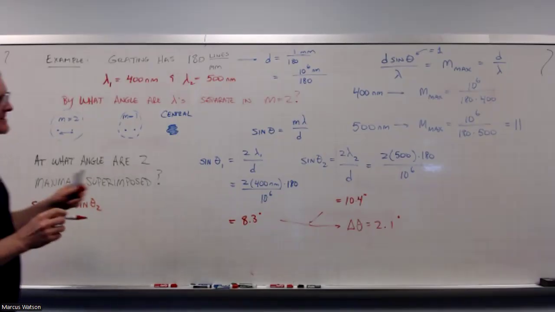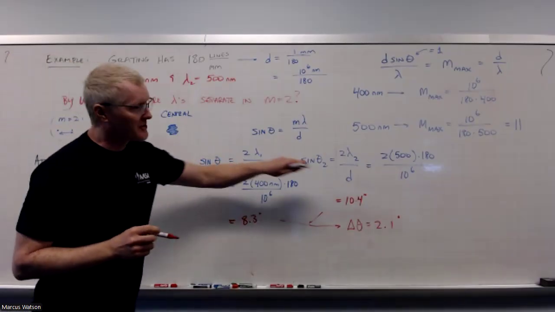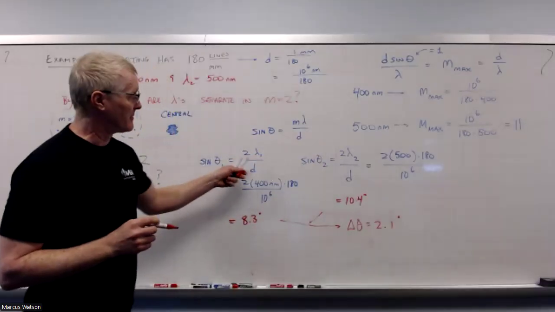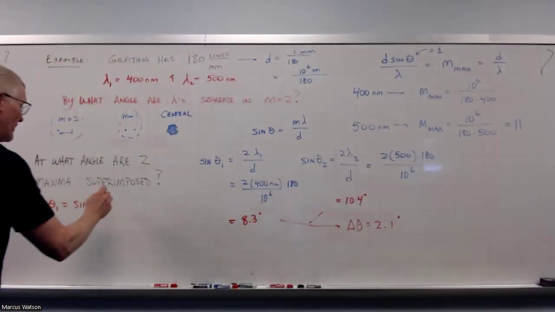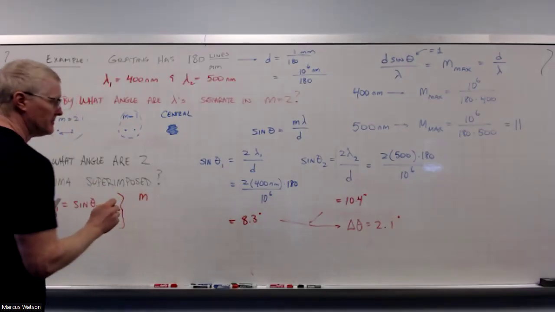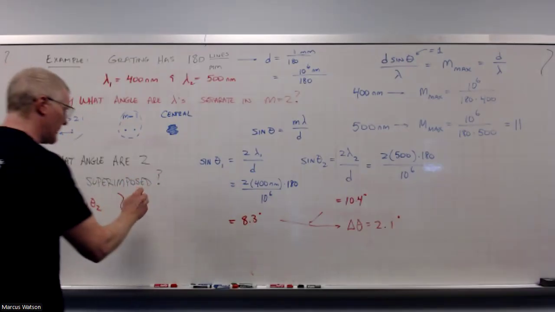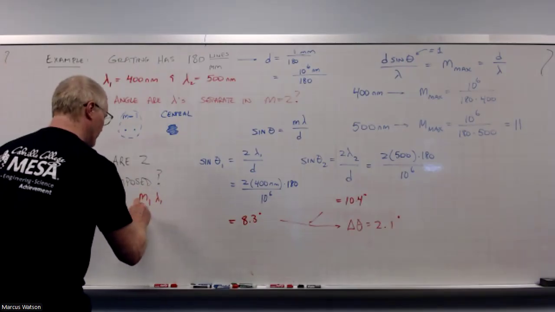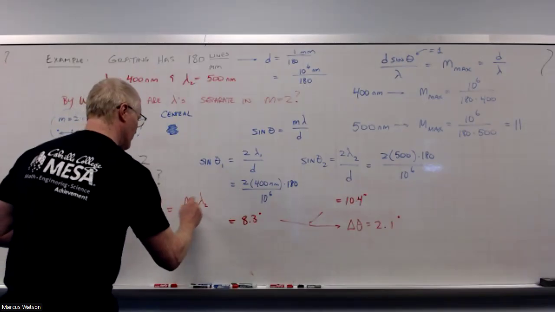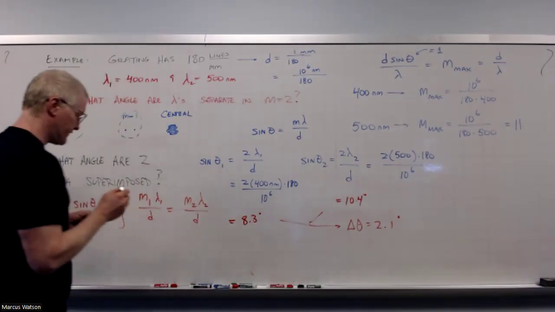And what that means is the d's are going to be the same, but the m values will be different, okay? And they'll be different by the ratio of the wavelength. So you'll see here, since it's lambda 1, I'm going to call this m1, m1 lambda 1 over d should equal m2 lambda 2 over d.